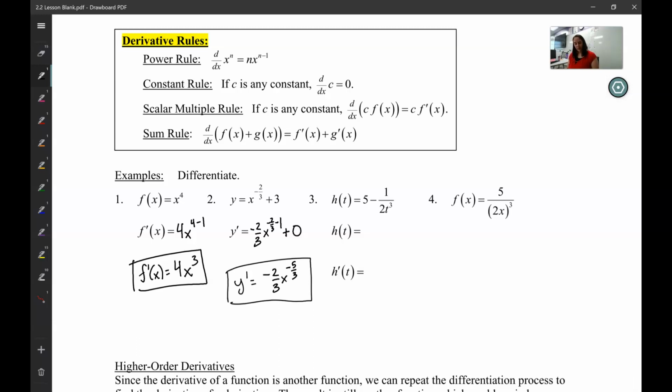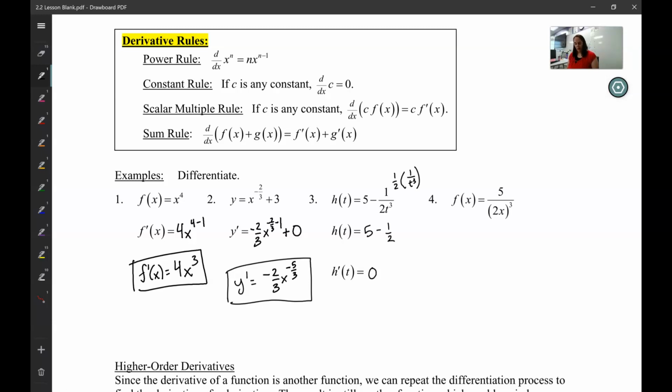Okay, let's try this one. The derivative of this constant is 0. Now, this right here, I'm going to manipulate a little bit. I'm going to do 1/2 times 1 over t cubed. So bring that 1/2 in front.